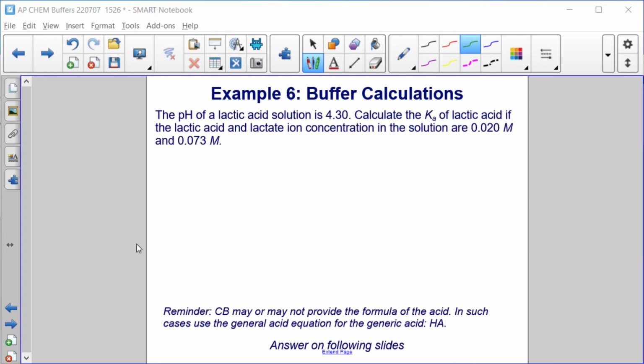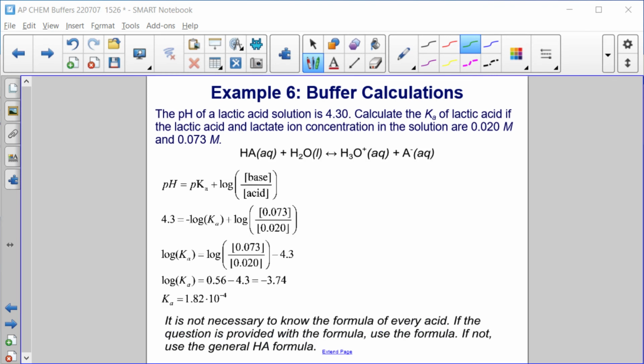Example 6. The pH of a lactic acid solution is 4.30. Calculate the Ka of lactic acid if the lactic acid and lactate ion concentrations in the solution are 0.020 molar and 0.073 molar. In this case, they don't give us the formula for the lactic acid or the lactate, but that's okay.